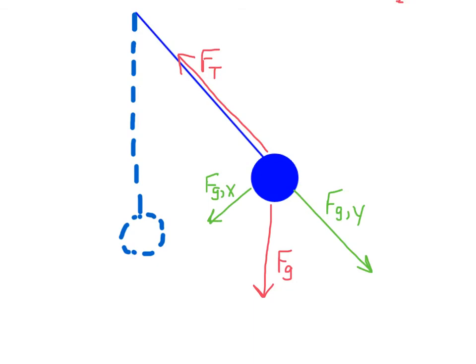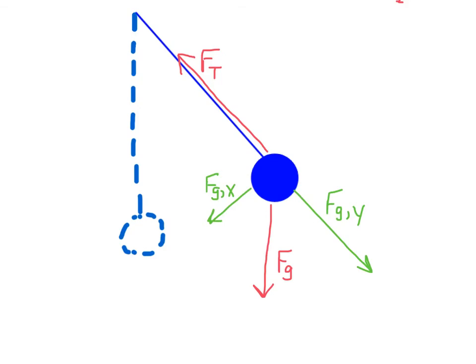So we can see from this diagram that this x component of the bob's weight is the net force acting on the bob in the direction of its motion. So it is what's pushing or pulling the bob towards its equilibrium position, and it is the restoring force right here. Now, when we remember our mass spring system, recall that the restoring force of that spring is not constant.